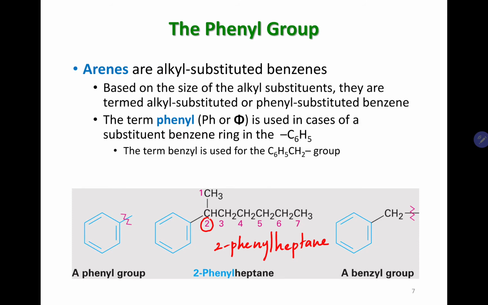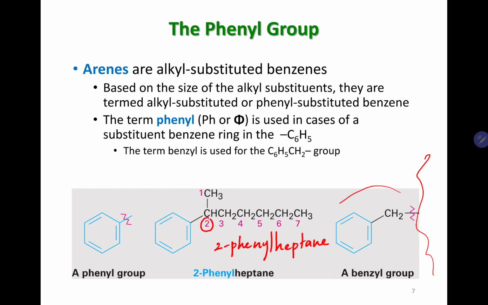You might have to use the benzene group as a substituent if the other carbon chain has more carbons than benzene. Sometimes you might have substituents where a benzene group is attached to a CH2 group, and then this is attached to a hydrocarbon chain.